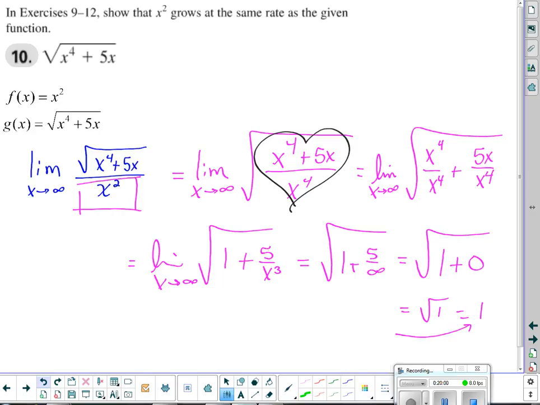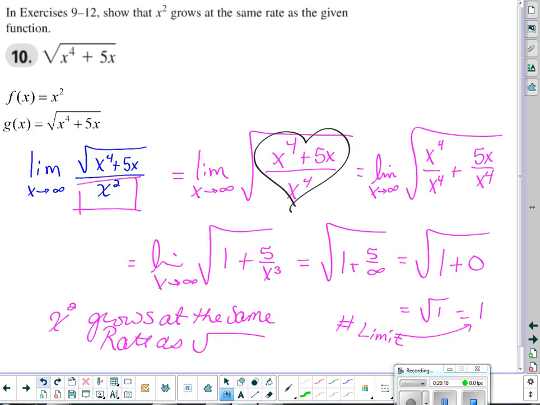This turned out to be a numerical limit, and that's just what it takes to say that x squared grows at the same rate as square root x to the fourth plus 5x did. Cool. One to go.